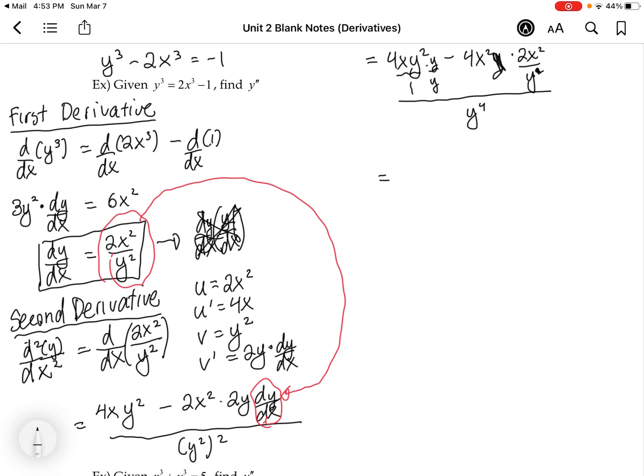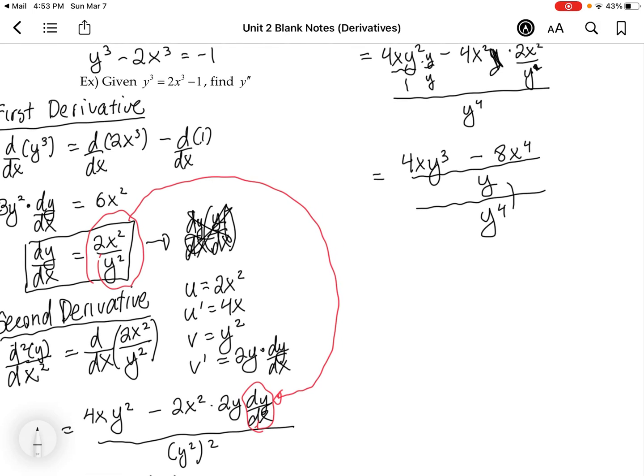And what I'm going to get is, let's see, 4xy squared times y is 4xy cubed, minus 4x squared times 2x squared is 8x to the 4, all over y, over y to the 4. Okay, and now there's two things that I'm going to do.